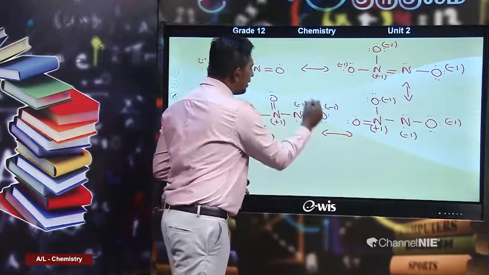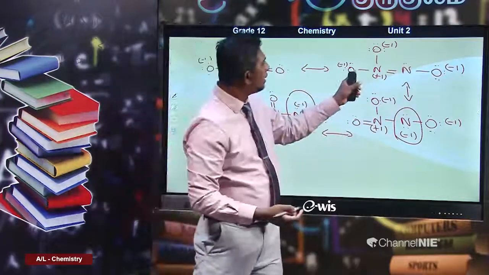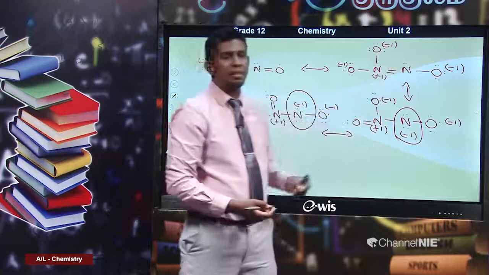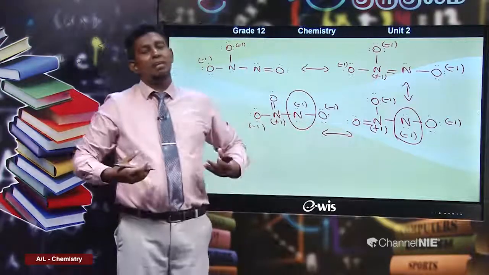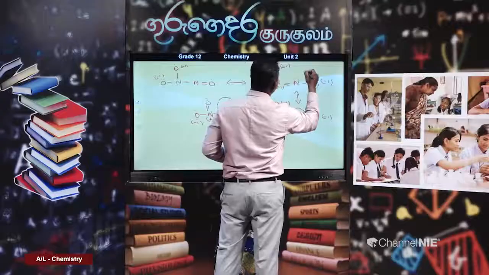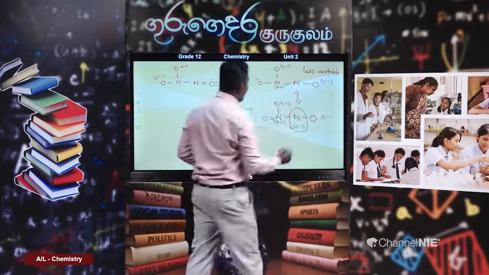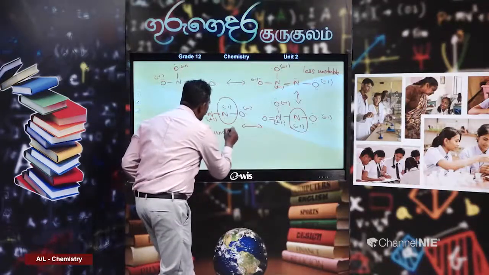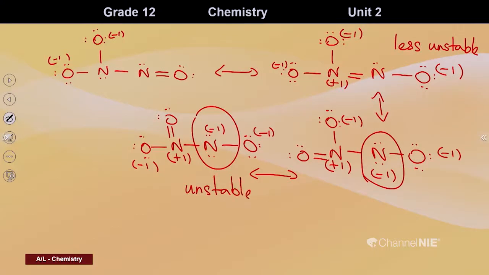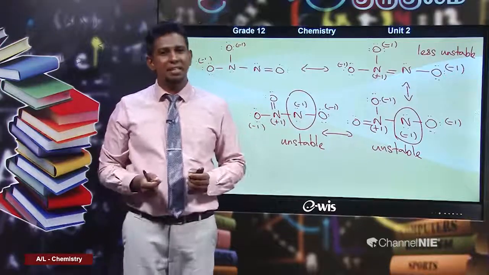It's a minus charge on nitrogen in these 2, but all 3 minus charges you could find on oxygen. Then more qualified for minus charges is the more electronegative atom. Okay students, in that aspect this is the less unstable and these are the more unstable. Okay, in that manner you could solve such questions given in the exam.